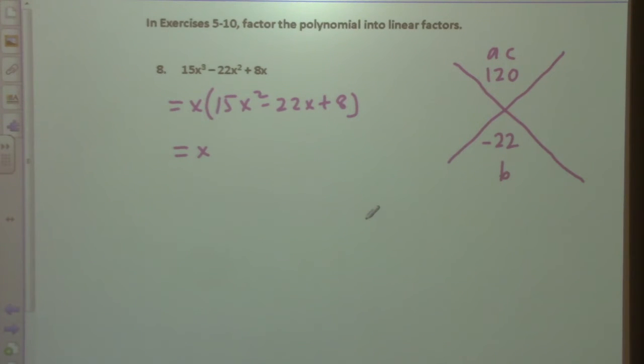So can we think of factors of 120 that are 22 apart? Negative 10, negative 12. Okay, negative 10 and negative 12, she says. Does that make sense? Yeah, you add them, right? Add up to negative 22, multiply.